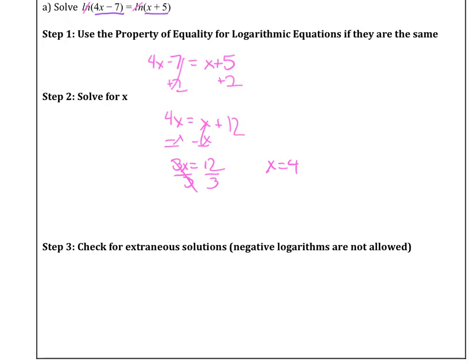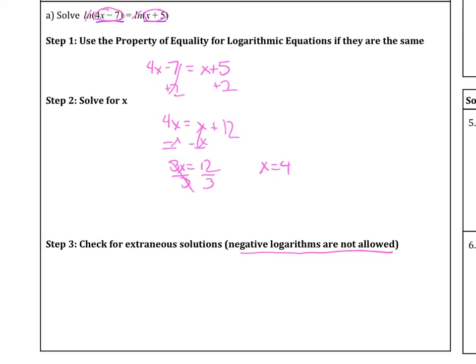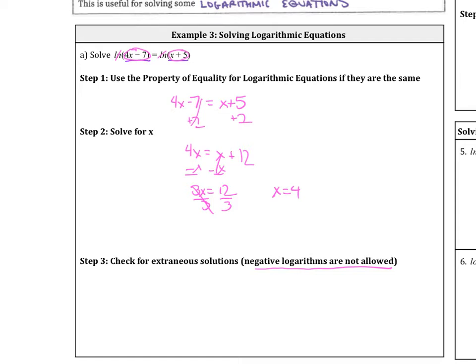So what we want to do, though, is check for extraneous solutions. The one rule is that you cannot have negative logarithms, so the argument cannot be negative when you plug it in. So let's plug 4 into the original: natural log of 4x minus 7 equals natural log of x plus 5.